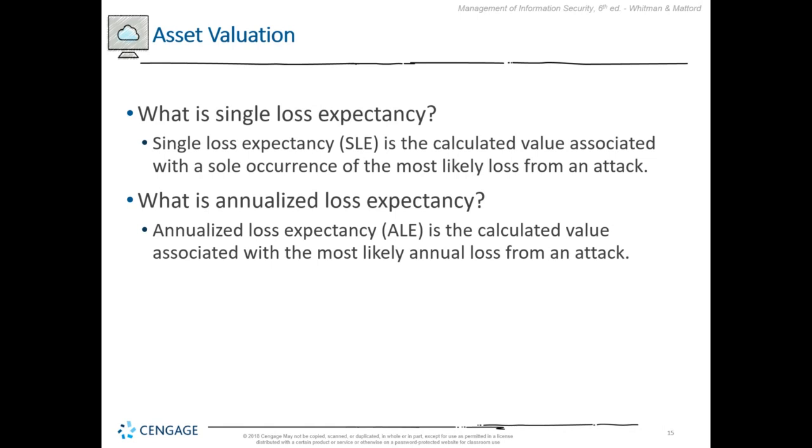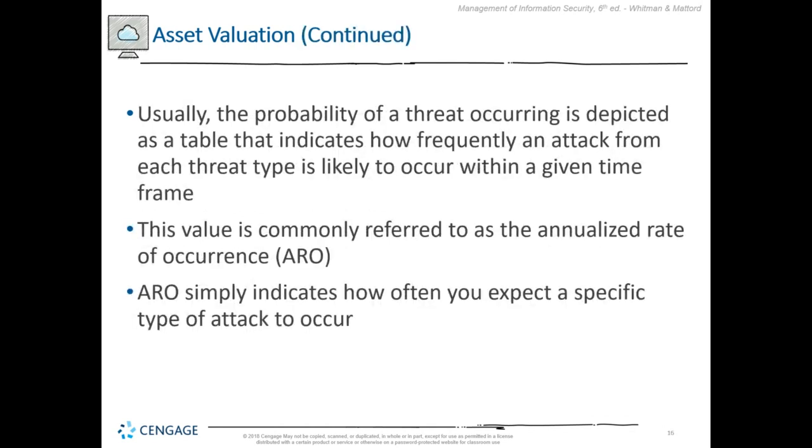Annualized loss expectancy is a calculated value associated with the most likely annual loss from the attack. So SLE is a single time, and ALE is the annual loss. One of the things we look at is the annualized rate of occurrence. That's the probability of a threat occurring, and it's going to be depicted as a table that indicates how frequently an attack from each threat type is likely to occur within a given time.